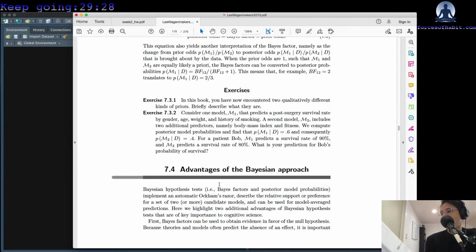A prior and posterior prediction. When we talked about chapter 3.4, we had prior distributions, and then we had prior predictive distributions.